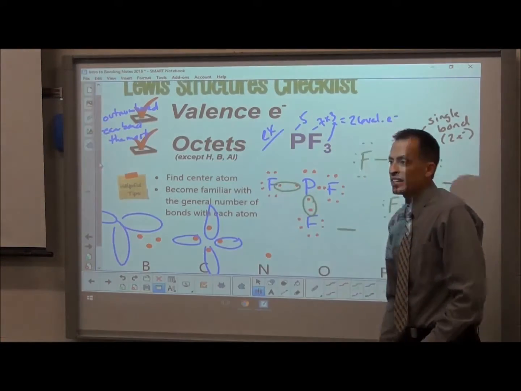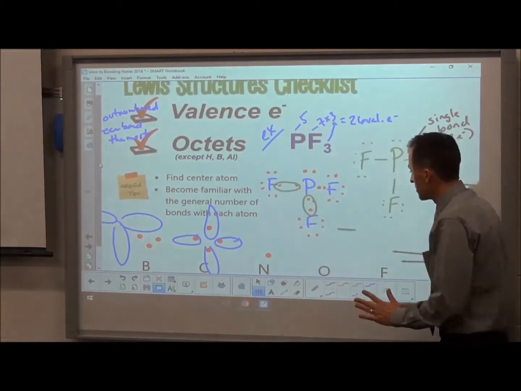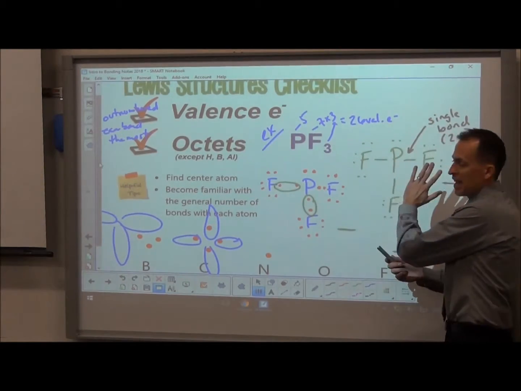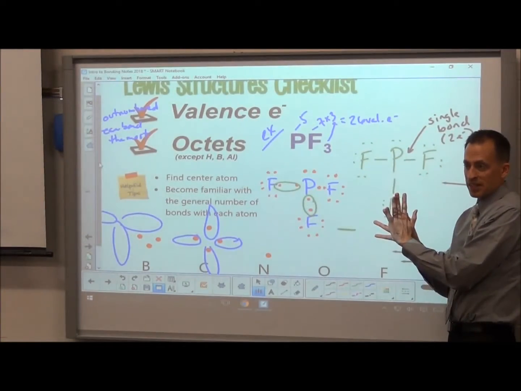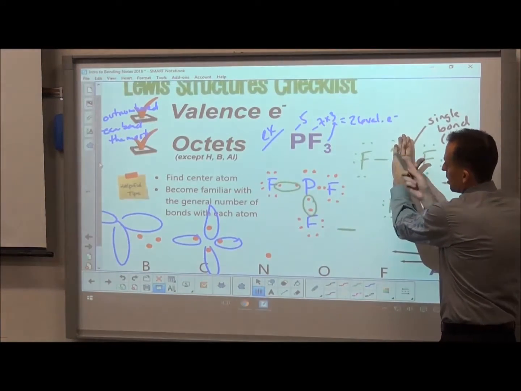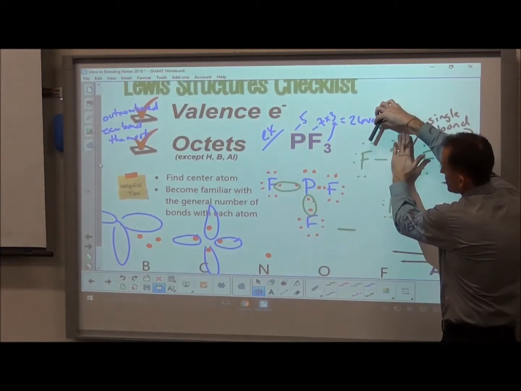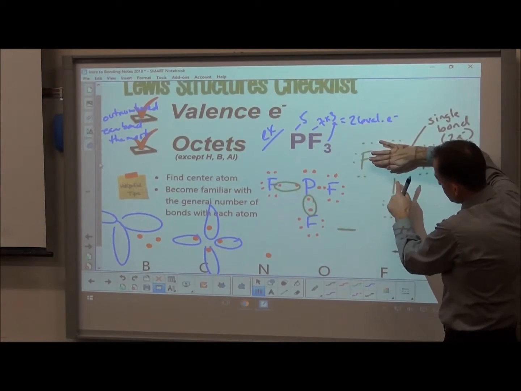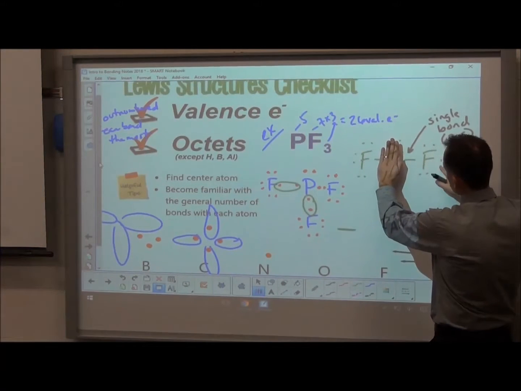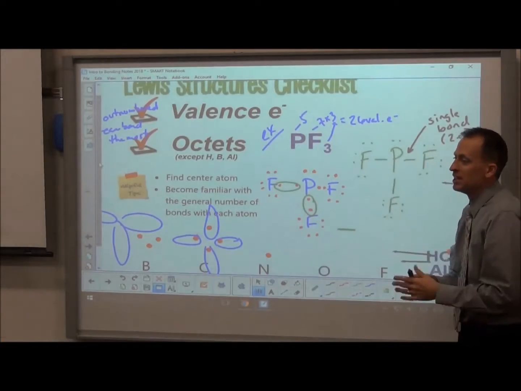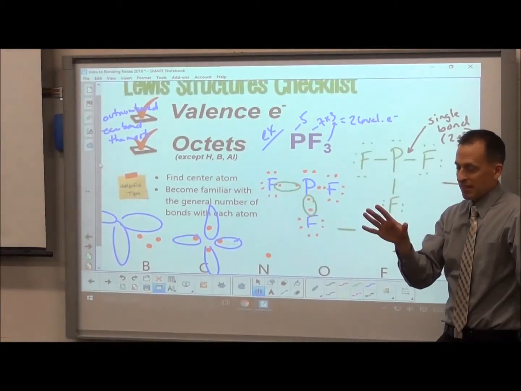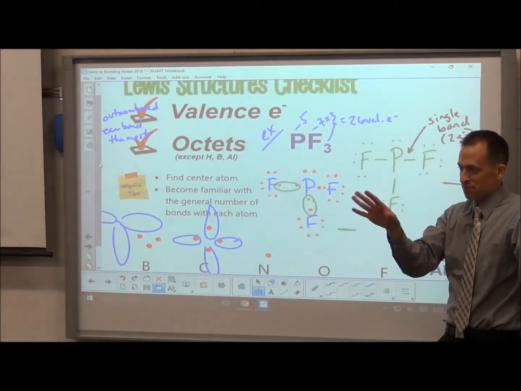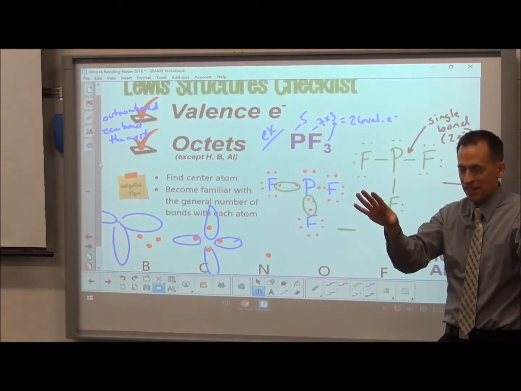Second one, everything has to have an octet. This is the confusing part. Everything touching the element counts. So if I cover that up, this is where you have to see it. 2, 4, 6, 8. Okay? 2, 4, 6, 8. But then you go, well, you've already counted those. But this is sharing. I don't want to bring up your friends right now and whatever you've done or haven't done to each other.